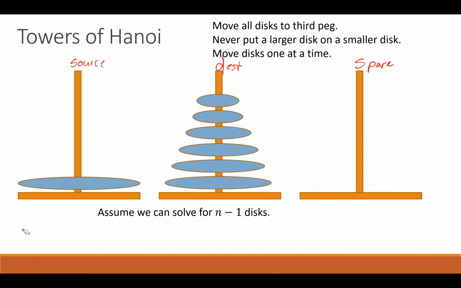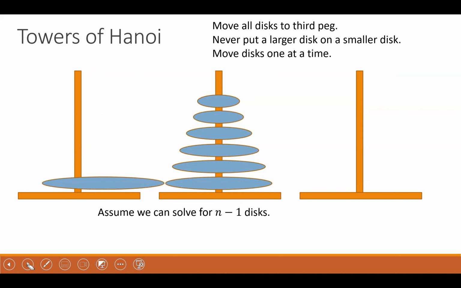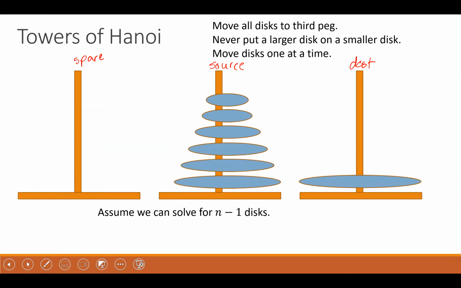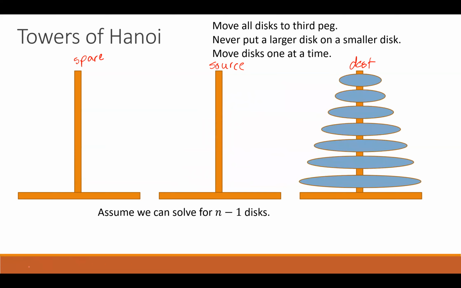And then from here, I can do my base case. I only have my last disk to move from my source to my destination. And then I recursively call with this as the source, this as the destination, and this as the spare. Using the magic of recursion again, I simply move all of those disks to the third peg, and I'm done.